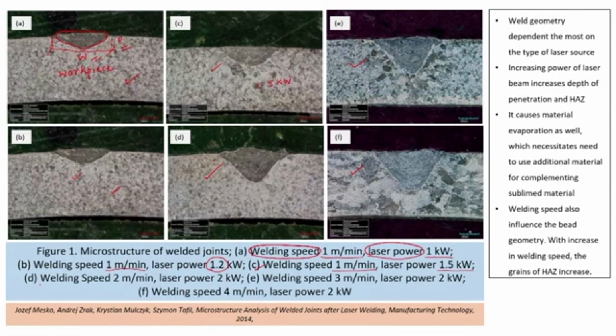Then we increased the speed. Now, we are increasing the speed as well as the power. Speed has been increased from 1 meter per minute to 2 meters per minute and the power is increased from 1.5 kilowatt to 2 kilowatt.